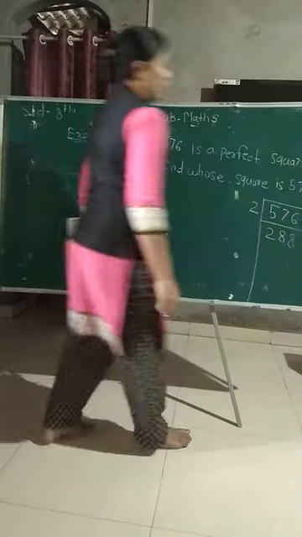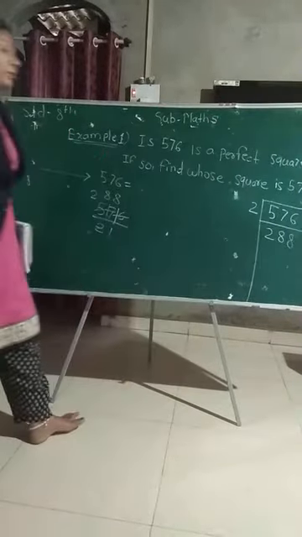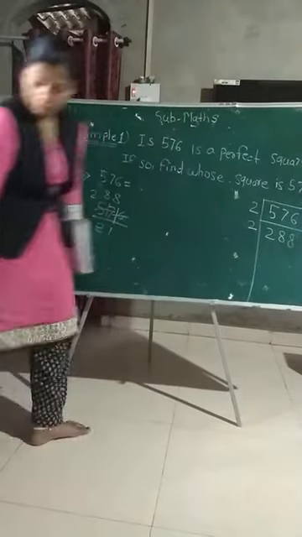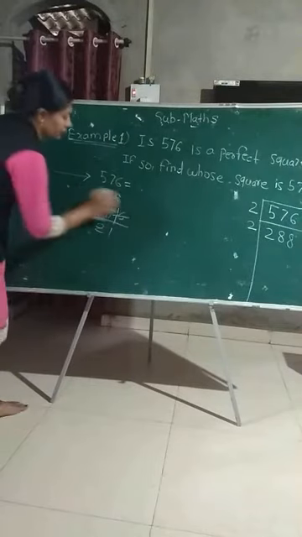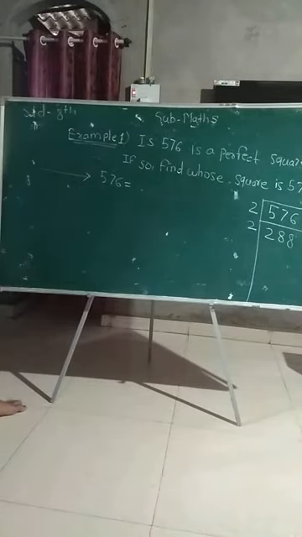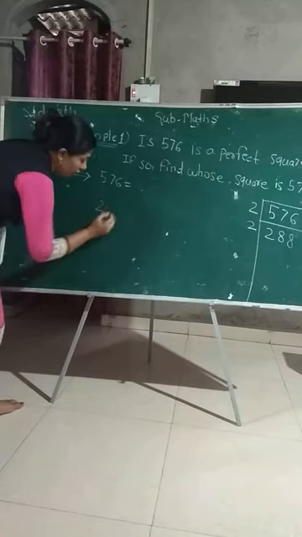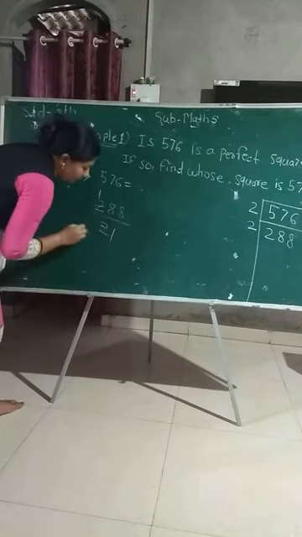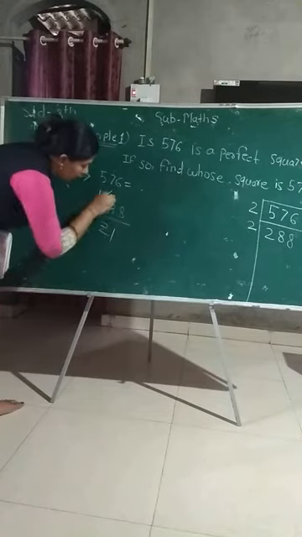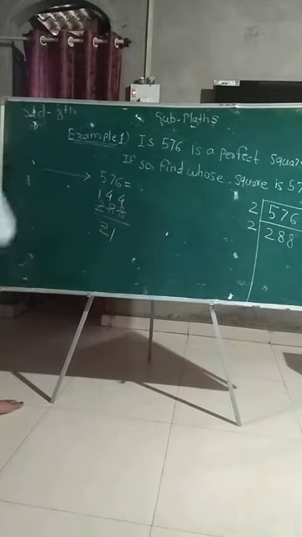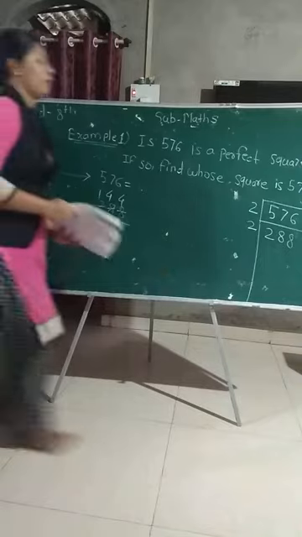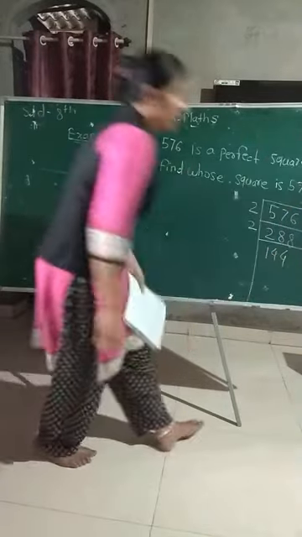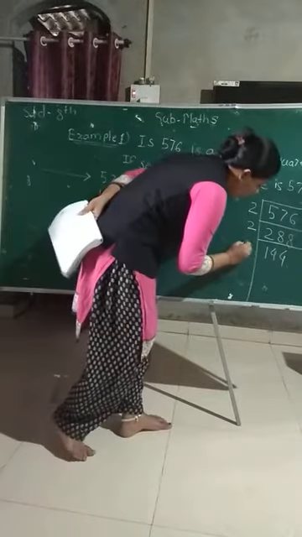If we again divide 288 by 2, we get 144. Again we divide this number by 2.